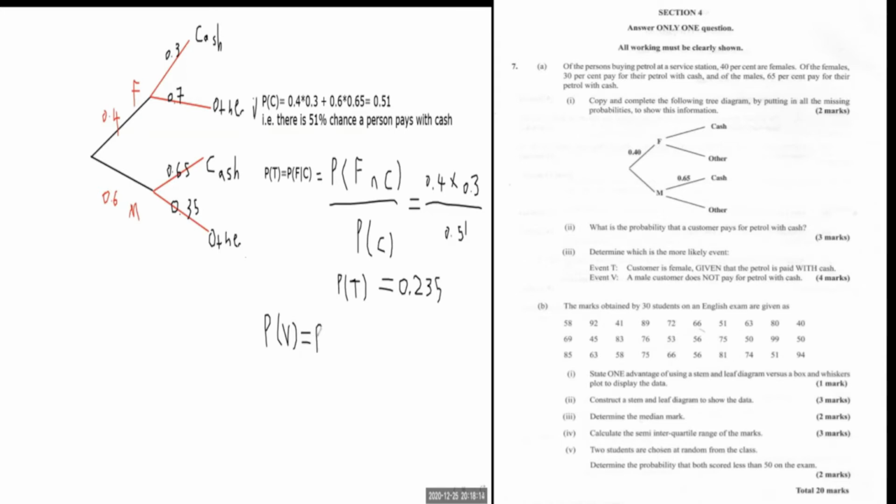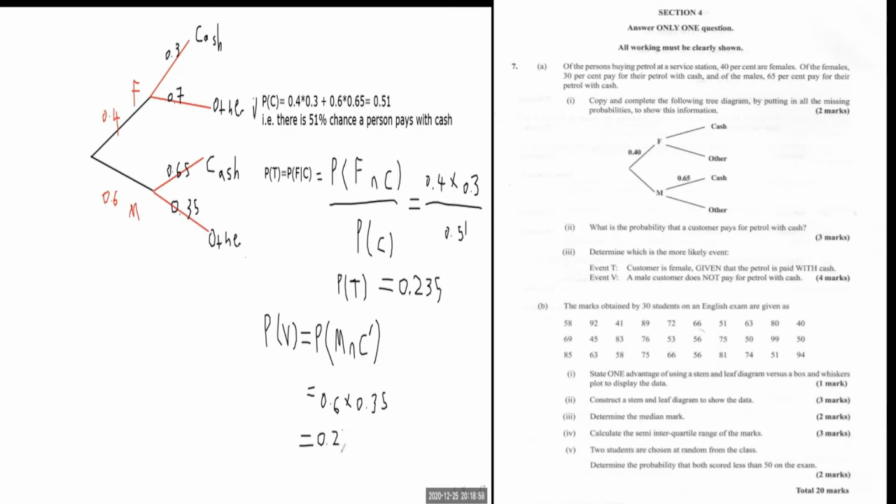The probability of being a male customer and not paying with cash, so the probability of M intersect not C, is 0.6 times 0.35. What is 0.6 times 0.35? It is 0.21.